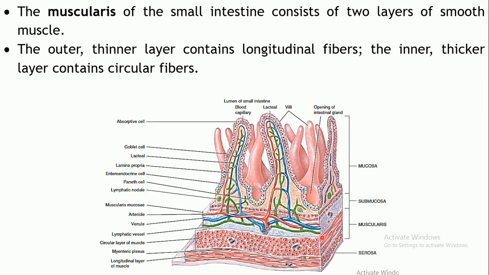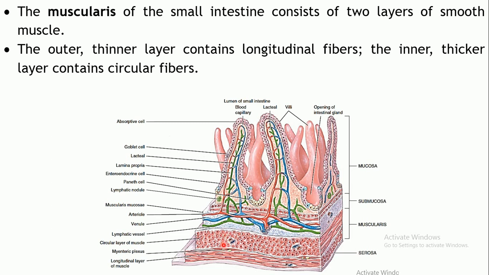Okay. Then the next layer is the muscularis. This is the one. The next outer layer is the muscularis, which comprises two layers of smooth muscles. The outer layer is thin, and the muscles are placed longitudinally along the length of the GI tract, whereas the inner layer of smooth muscles is thicker in nature.